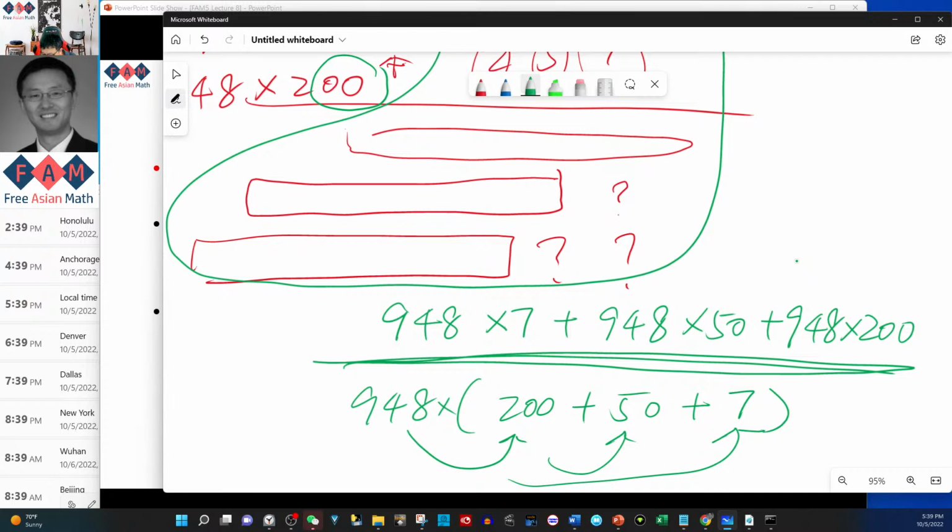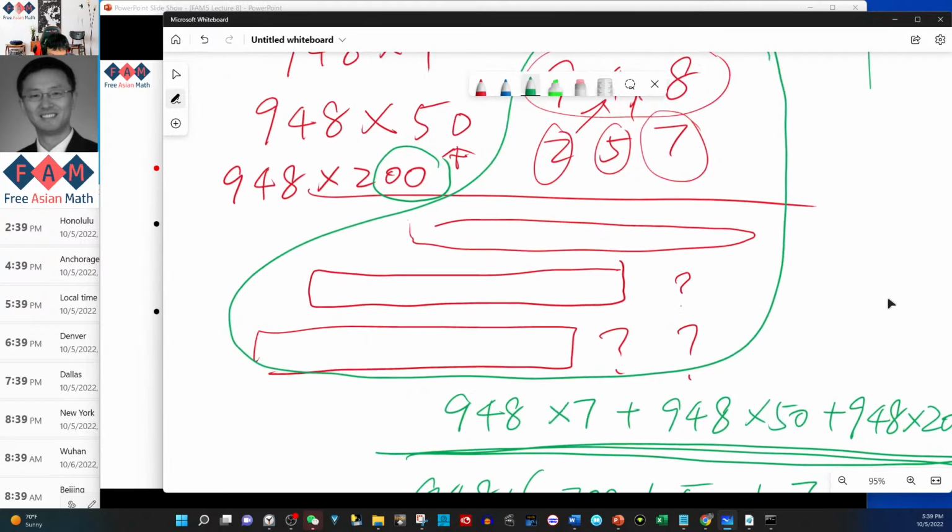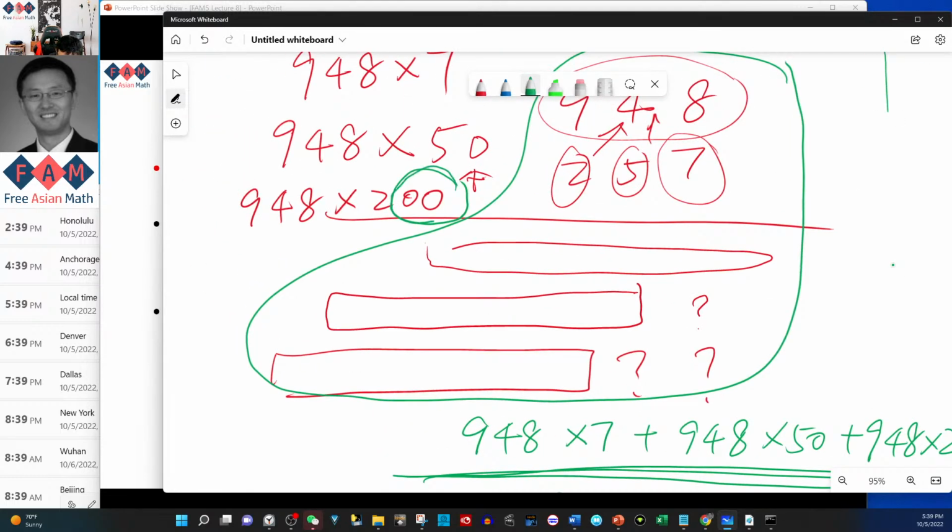And the essence of this algorithm is that at the end of the day, everything will be stripped down to single-digit multiplication. Because of all those techniques, we can ignore the ending zeros.